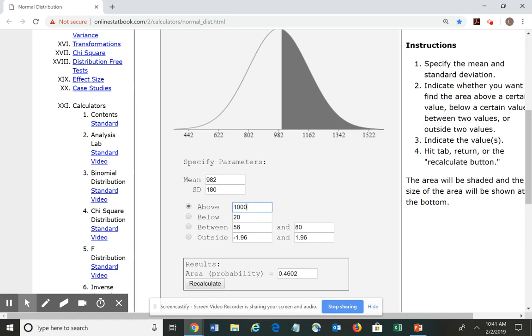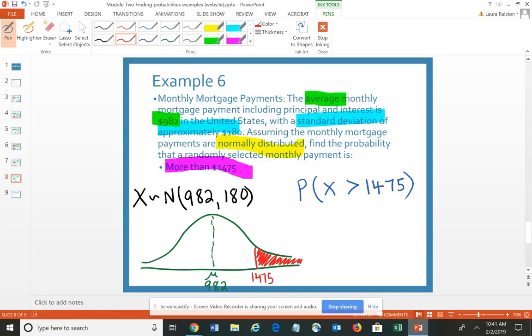Now I want to be above 1,475. So I change the number, hit enter, and it gives me a value of 0.0031. So the probability that my mortgage payment is more than 1,475 is pretty small. It's 0.0031, or as a percentage, 0.31%. So there's less than a 1% chance that your mortgage payment is going to be more than 1,475.